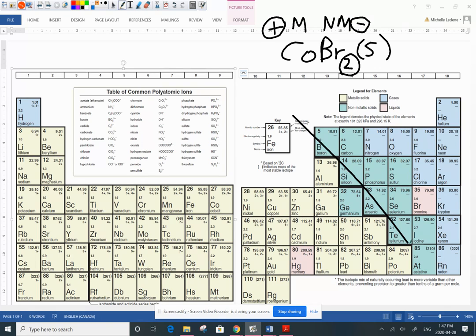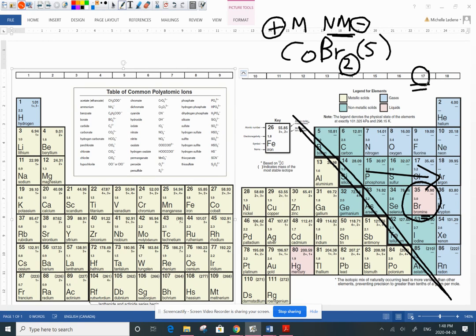So we know that all to the right of the periodic table is where our non-metals are. So to the right of the staircase. So here's this guy, bromine, and we know that we're going to change his name to bromide. And we're going to then figure out what charge does he have.